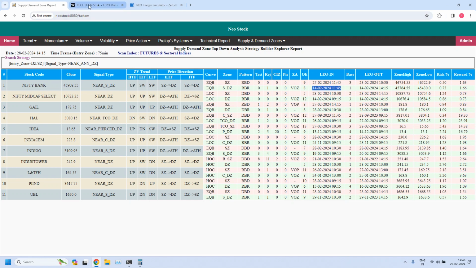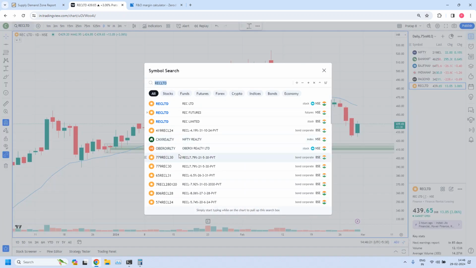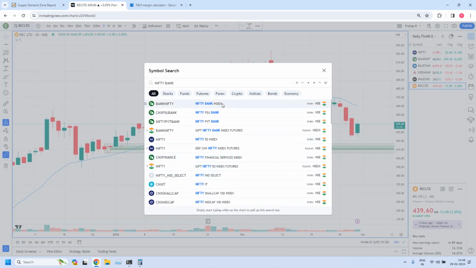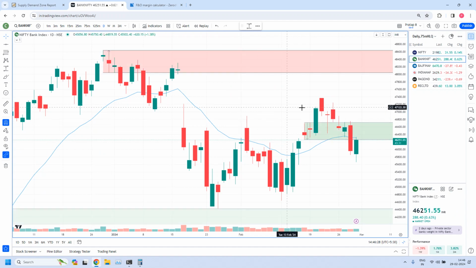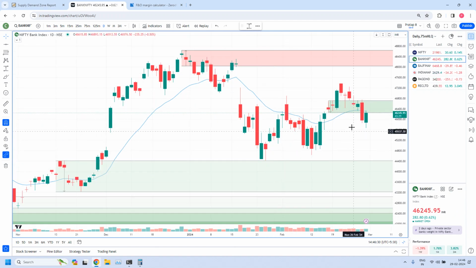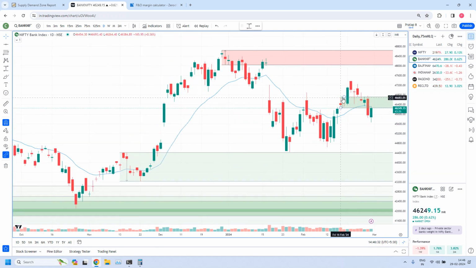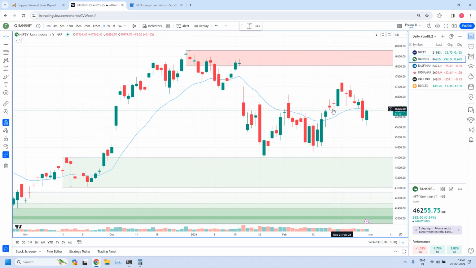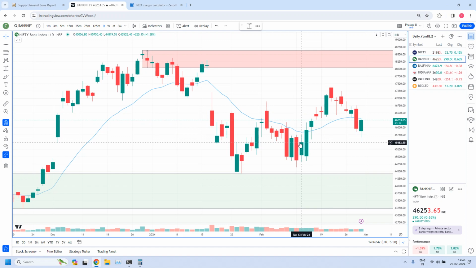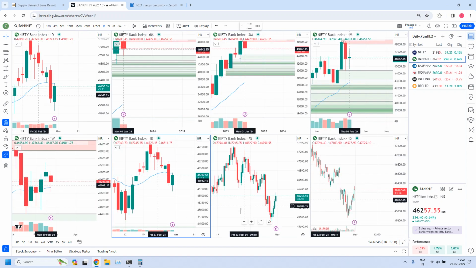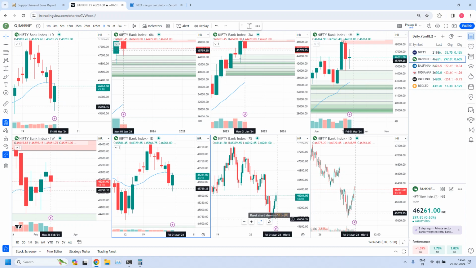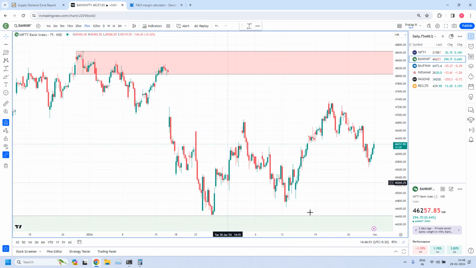And one base candle. Let me delete earlier analysis. So we have to go to 75 minutes.